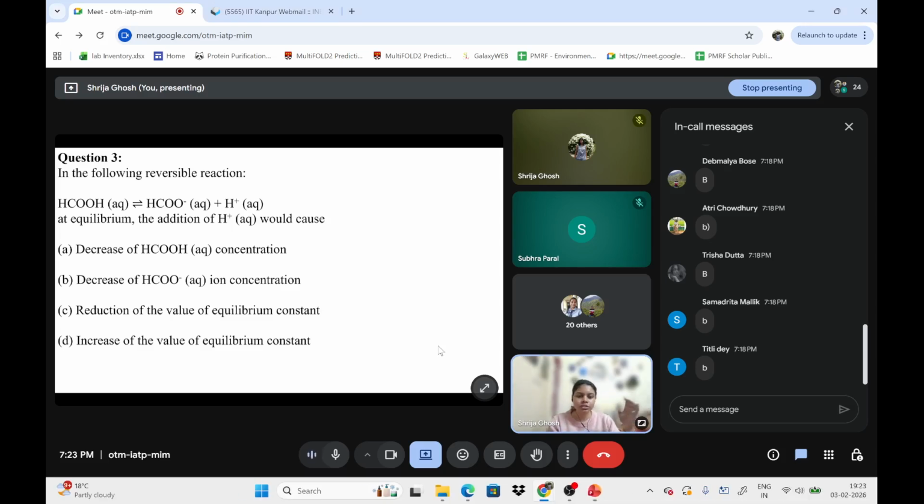So let's move on to the third question. In the following reversible reaction, HCOOH goes to HCOO minus plus H plus. At equilibrium, the addition of H plus would cause what? What will happen at equilibrium if we add more H plus? We have the reaction where HCOOH, that is formic acid, dissociates into its corresponding ions HCOO minus plus H plus.